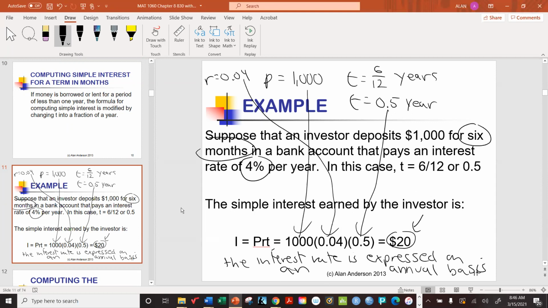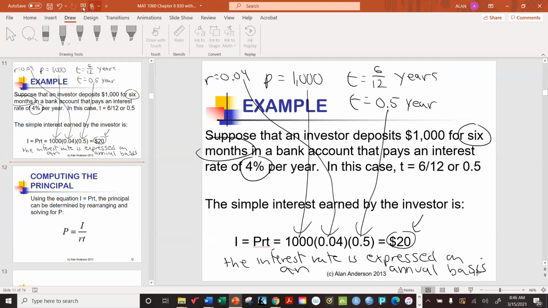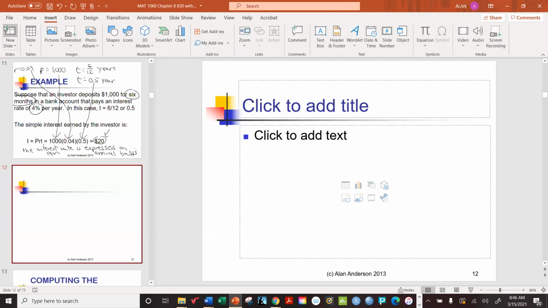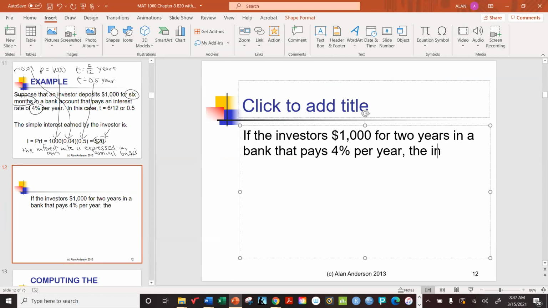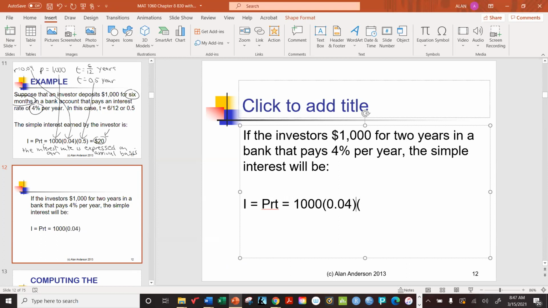Now, if we left the money there for 2 years, on the other hand, let's just quickly throw that example in here. If the investor deposits $1,000 for 2 years in a bank that pays 4% per year, the simple interest will be, of course, I equals PRT, which means 1,000 times 0.04, but now the T becomes 2.